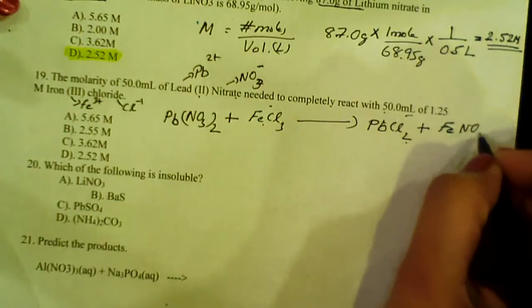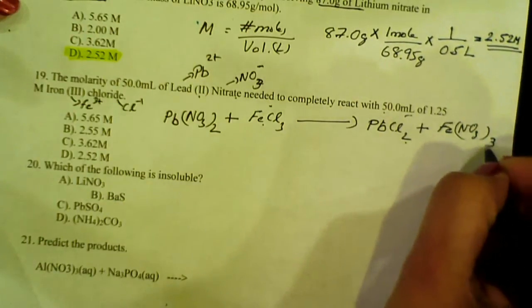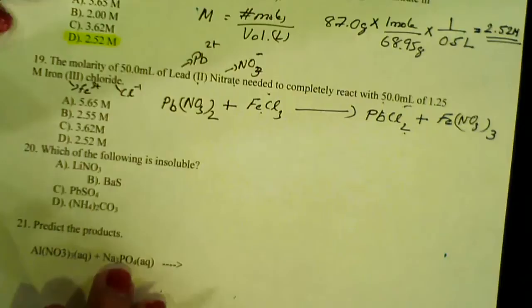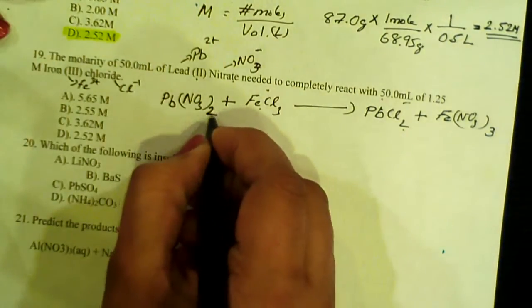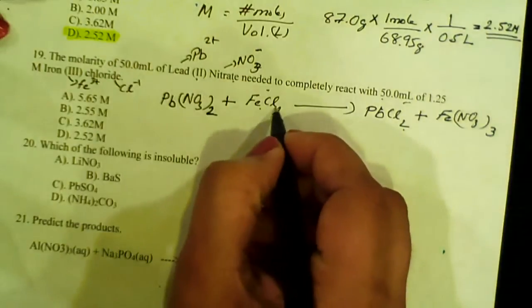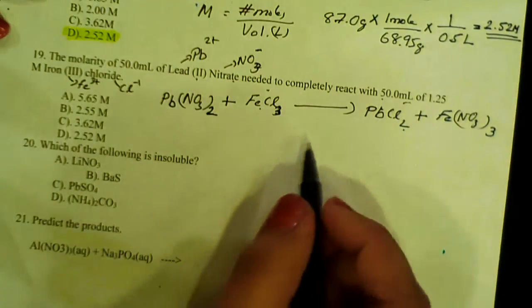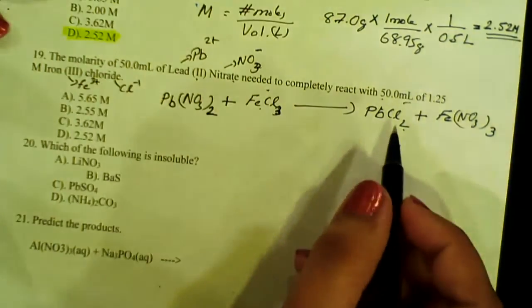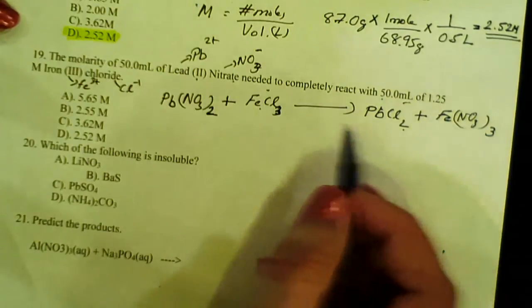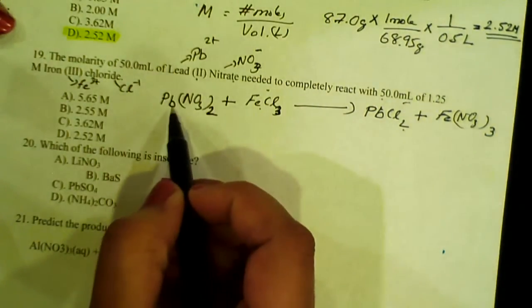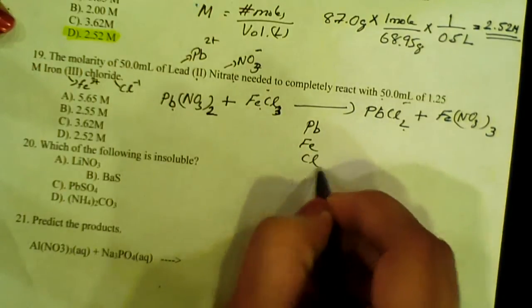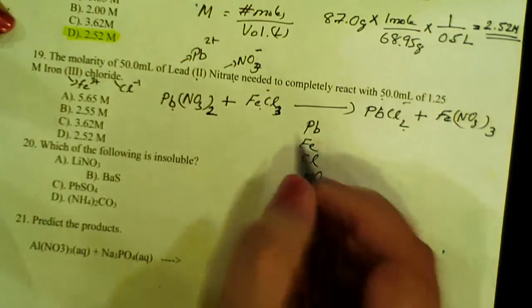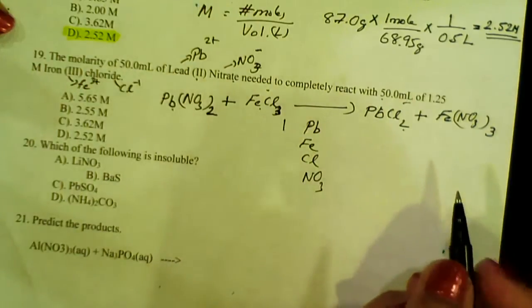The formula for lead chloride will be PbCl2. Pb has the positive 2 charge, chlorine negative 1. Interchange, you will end up with the formula PbCl2 plus iron has the positive 3 charge and nitrate has negative 1 charge. So when you interchange, you will end up with Fe(NO3)3.